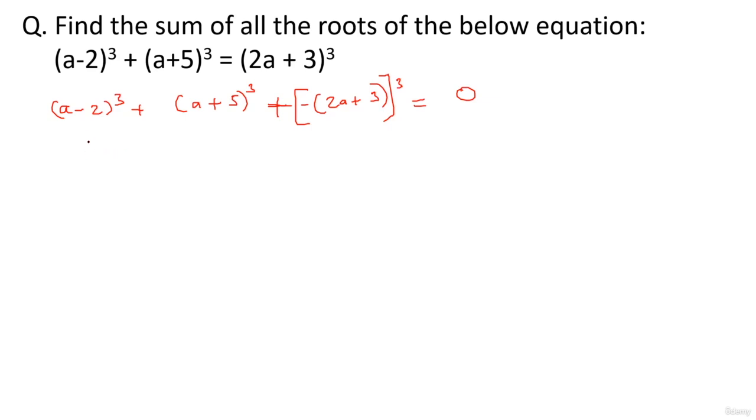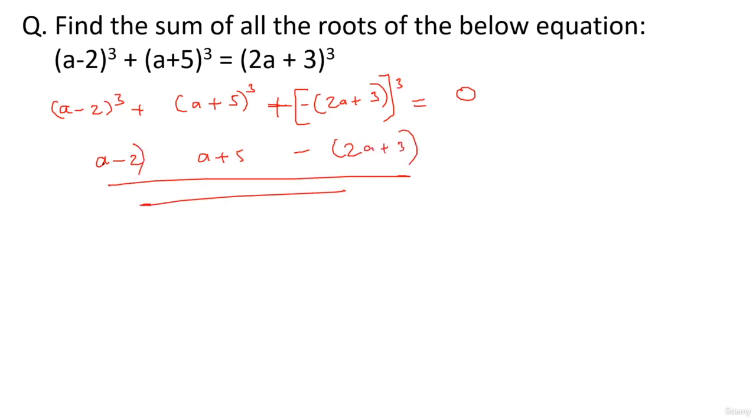Now the three terms you can consider are a minus 2, a plus 5, and minus of 2a plus 3. What do you observe for these three terms? a plus a minus 2a cancels, 5 minus 2 is 3, minus 3 gets cancelled. So the sum of these three terms is simply equal to 0.